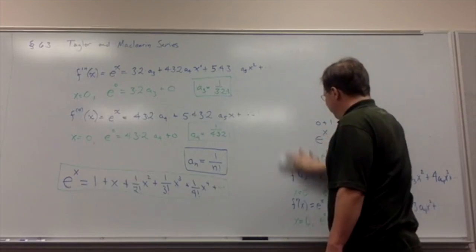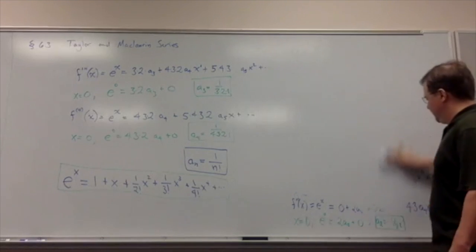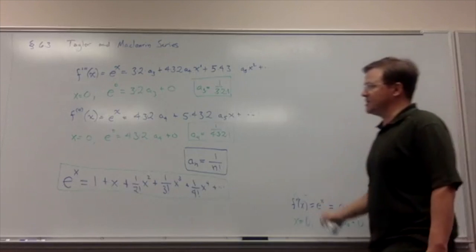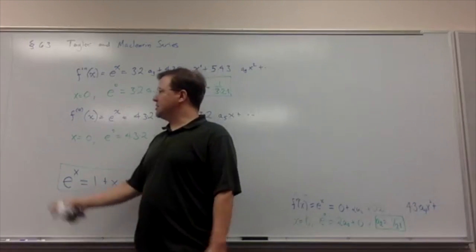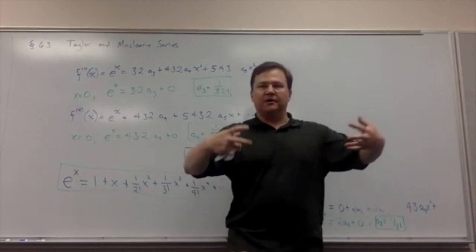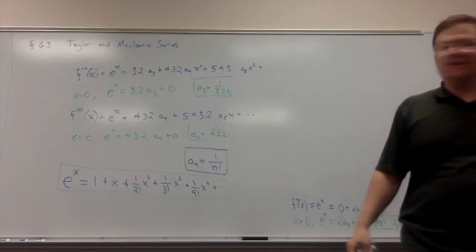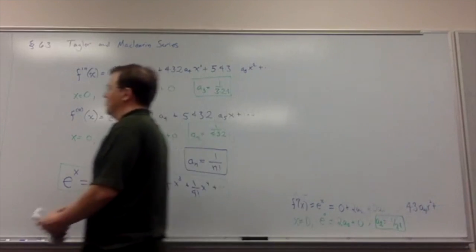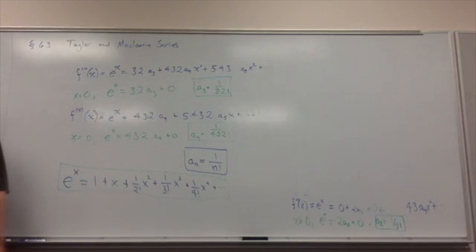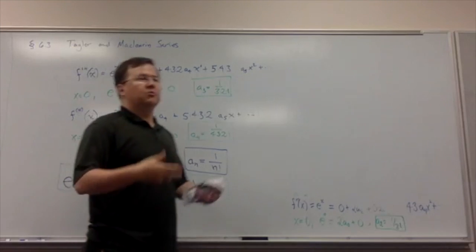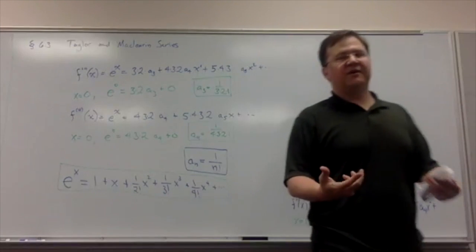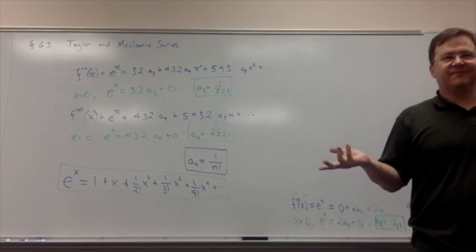It turns out that, kind of like how I was advising you to memorize the geometric series along with the interval of convergence. You know what I mean? Remember that 1 plus x plus x squared and so on is 1 over 1 minus x, but memorize that coupled with the fact that the absolute value of x is less than 1.